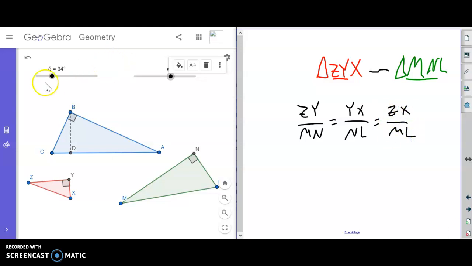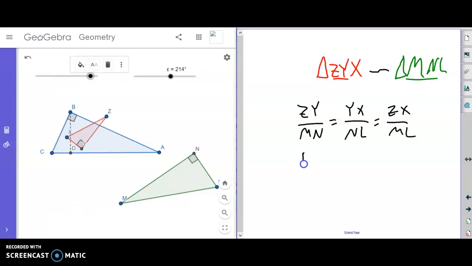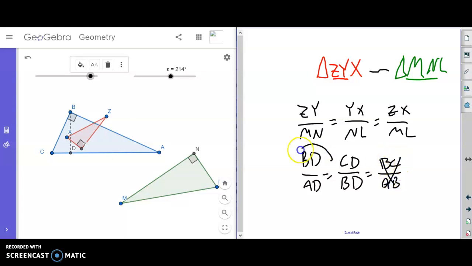And so we can come in here, we can break it apart, and I can say that ZY is BD, and MN is AD, over YX, which is CD, over NL, which is my BD as well. And then my ZX, which is BC, over my ML, which is my AB. So again, I don't care too much about this one because here is my geometric mean.